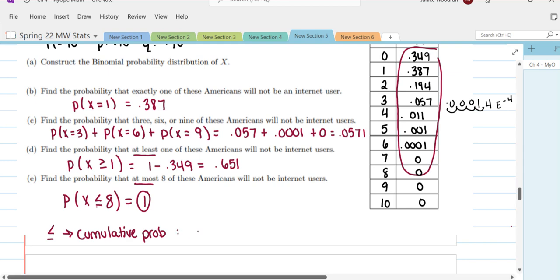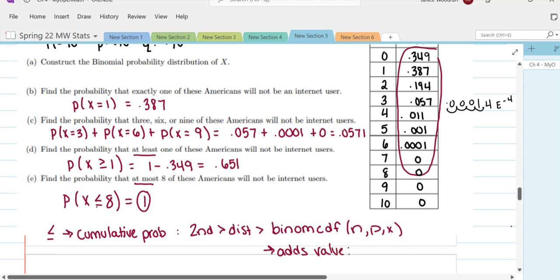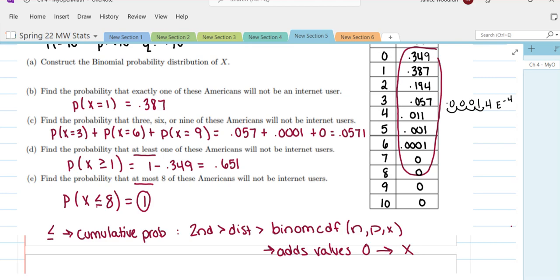So you would go second, distribution, and then you're going to pick binom CDF. And then it's the same thing, n, p, x. But what it does is it adds values 0 through x.